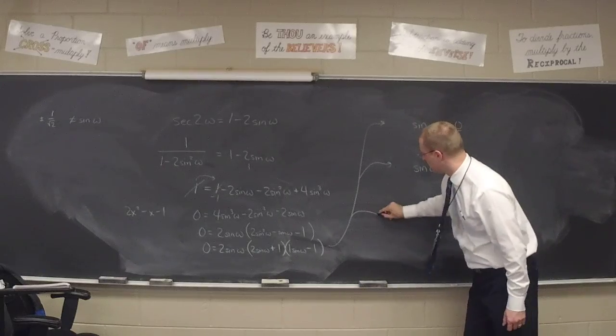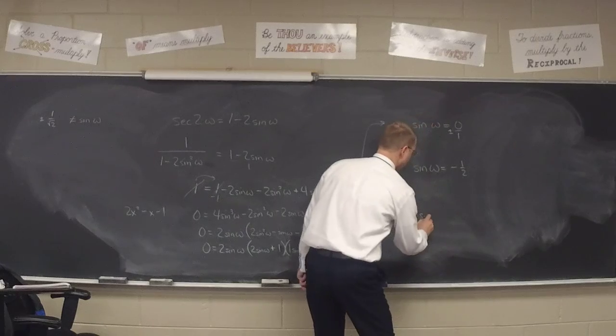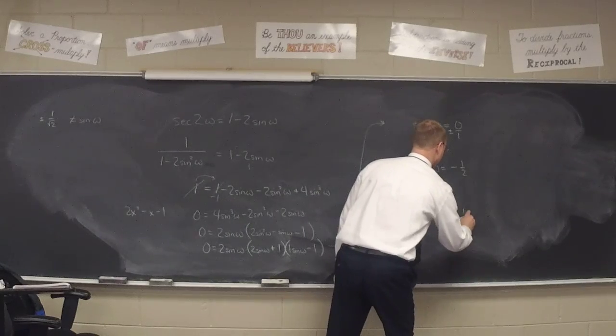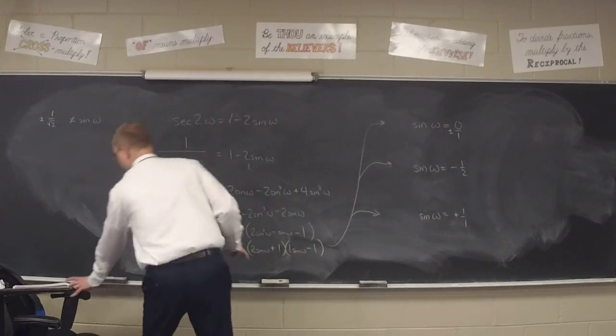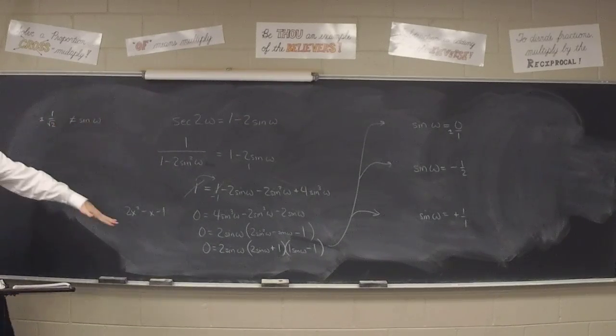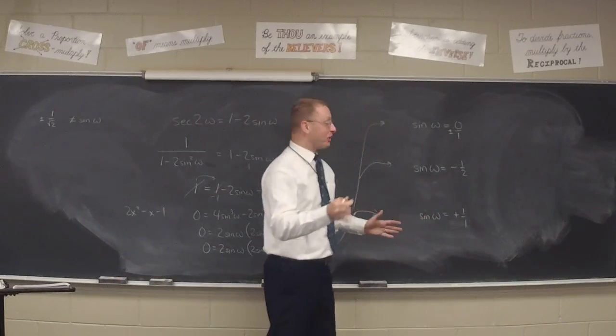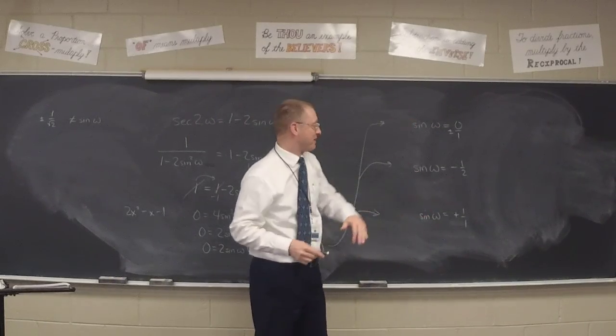And then sine equals positive 1 over 1. By the way, in any of these, did we get 1 over square root of 2? No. So all of these are going to be good.